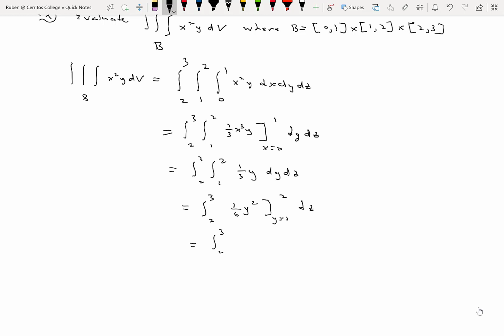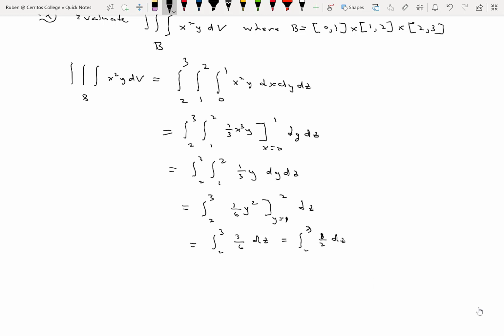And use the fundamental theorem of calculus on that. Substituting y equals 2, I get 4. Substituting y equals 1, I get 1. So 4 minus 1 is 3 over 6 dz, or the integral from 2 to 3 of 1/2 dz.